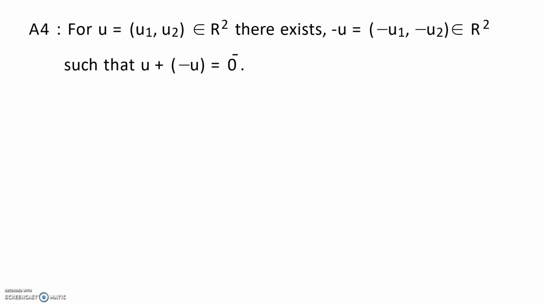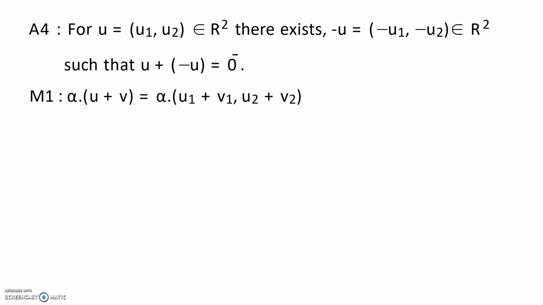Now for A4, u is equal to u1, u2 which belongs to R square. There exists minus u, means minus u1 comma minus u2 belongs to R square, such that u plus minus u is equal to 0 bar. Means negative vector also exists.